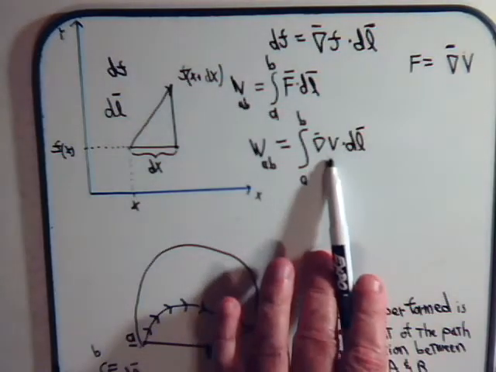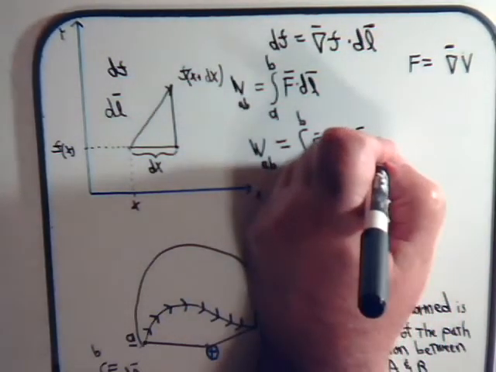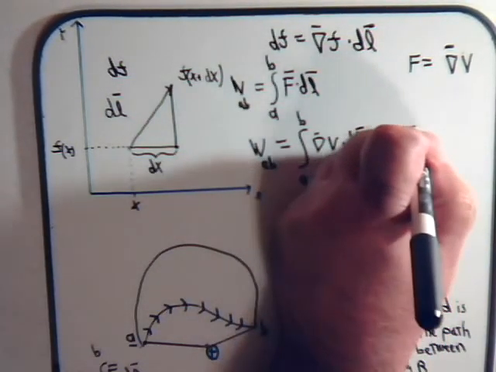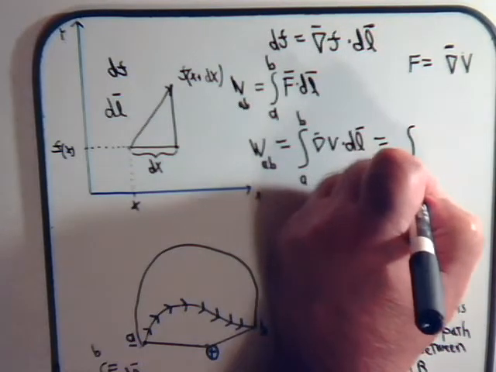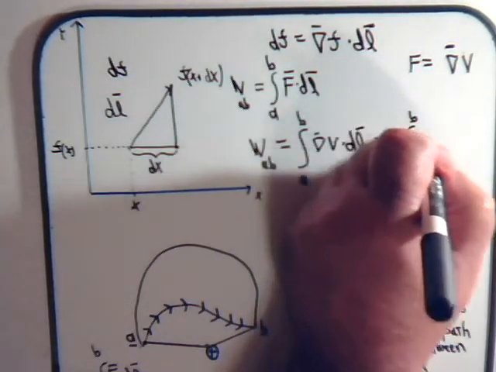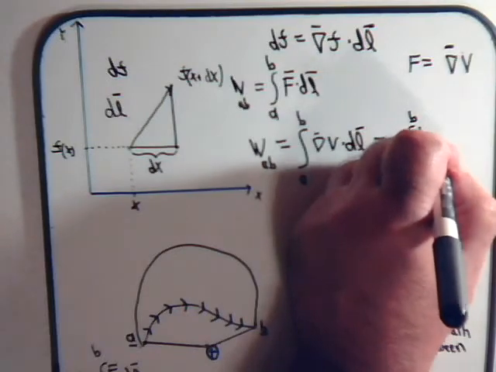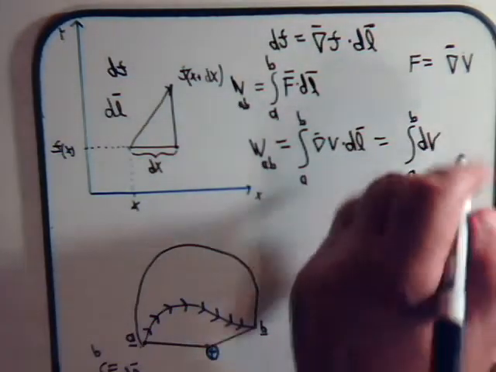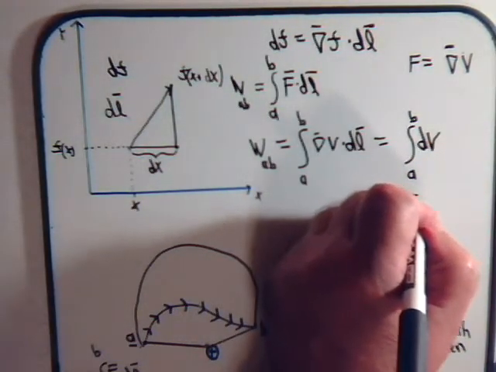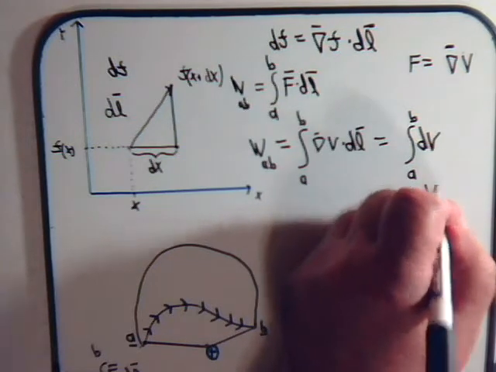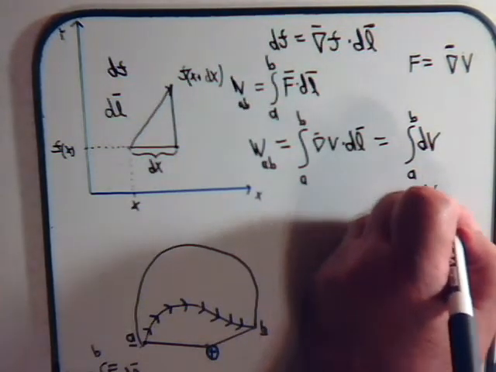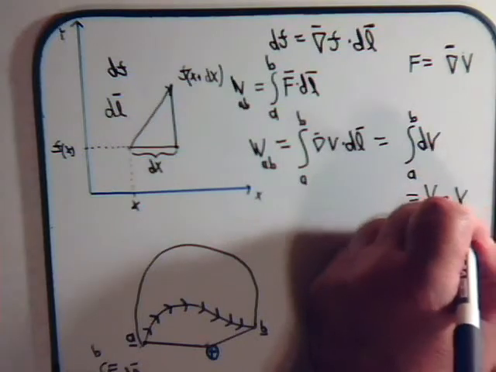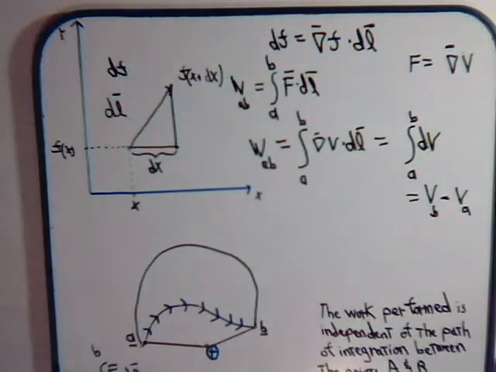That's what the gradient vector is all about. So this equals, and that, of course, would just be equal to that scalar evaluated at point B minus the magnitude of that scalar evaluated at point A.